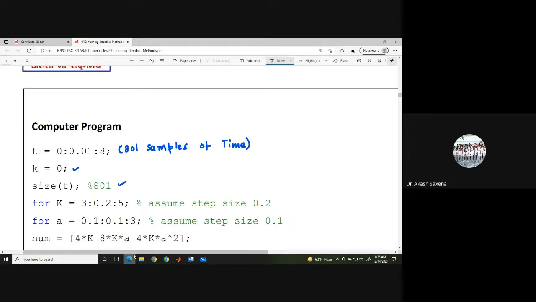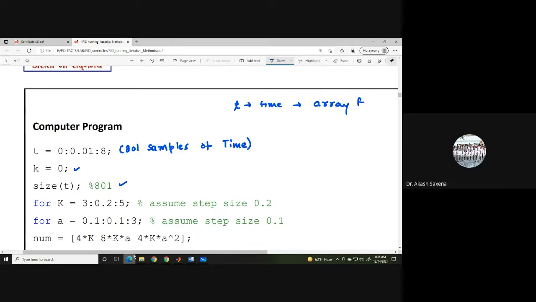This t is time and it is saved in an array format, and the size of this array is size t, which is equal to 801. Now I will explain each and every part of this program so you will be able to implement it. If I change the design criteria, you will be able to implement your own designs also.